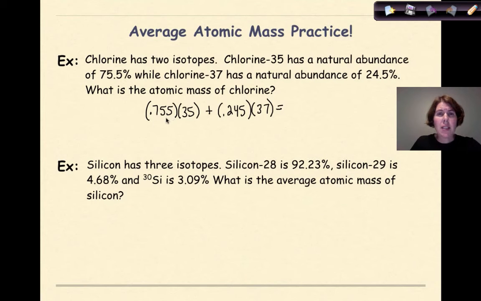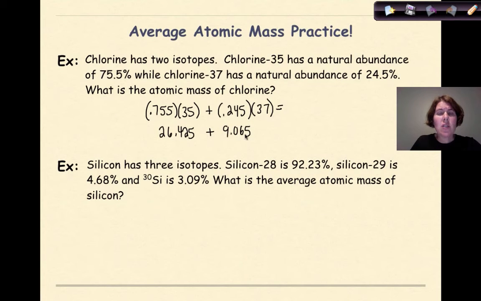So if I multiply together 0.755 times 35, I should get 26.425. And I'm going to add that to 0.245 multiplied by 37. And when I do that, I should get 9.065.